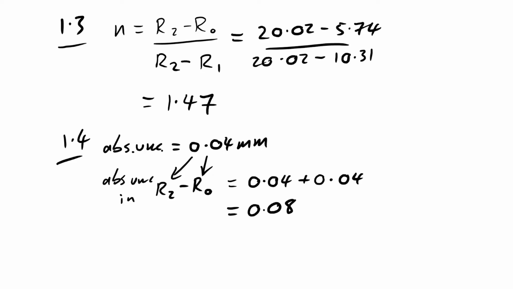So it's going to be 0.08 millimeters. Even though we're taking away values, the uncertainty is only going to increase. Just remember that the only time that uncertainty decreases is when we're square rooting or cube rooting an answer, for example. So we're being asked to find the percentage uncertainty in n.